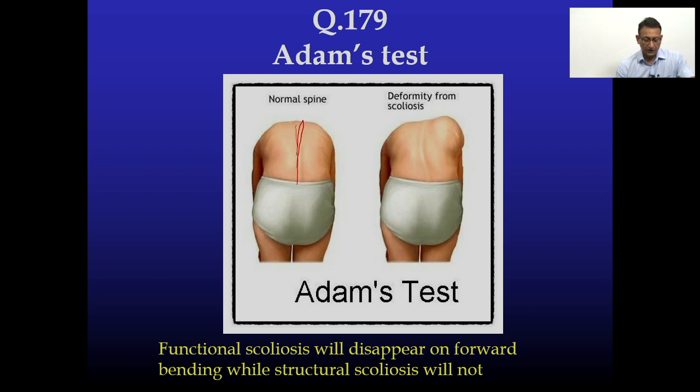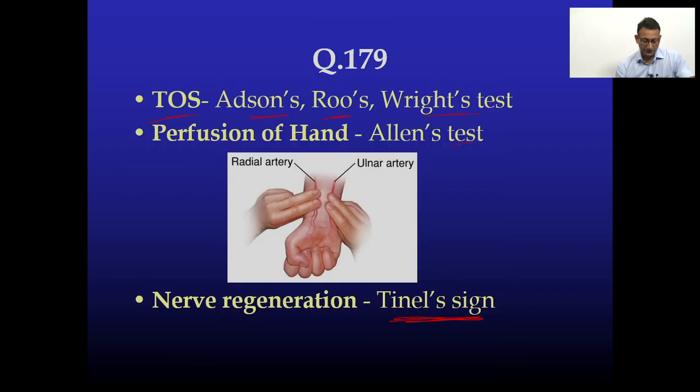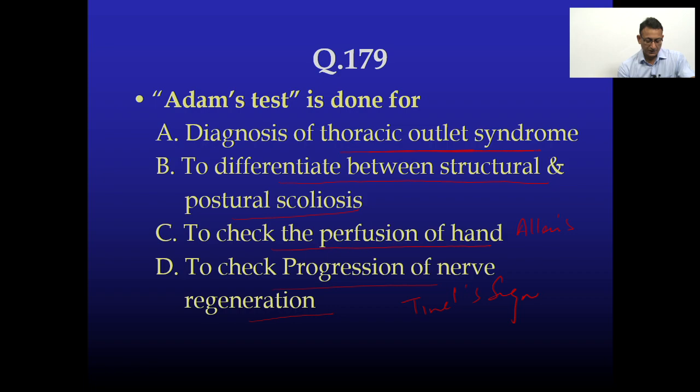Okay, and if the scoliosis becomes more prominent on bending forward, then definitely that is structural scoliosis. Okay, the postural scoliosis will disappear on forward bending, while structural scoliosis will not. So the Adams test is done to differentiate between structural and postural scoliosis. So answer to 179 is going to be B.